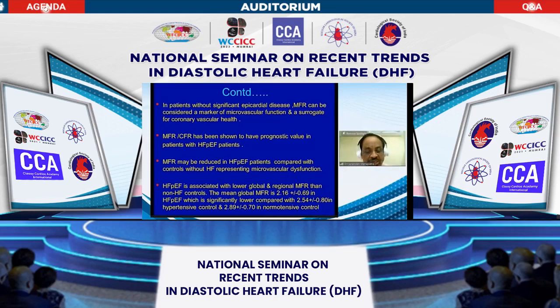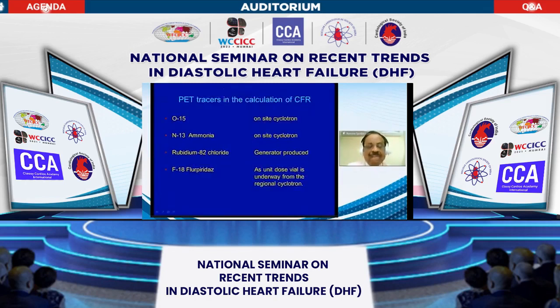HFpEF is associated with lower global and regional MFR than non-heart failure controls. The mean global MFR is 2.16 plus or minus 0.69 in HFpEF patients, which is significantly lower compared to the hypertensive control or normotensive control, at about 2.54 plus or minus 0.80 and 2.89 plus or minus 0.70.